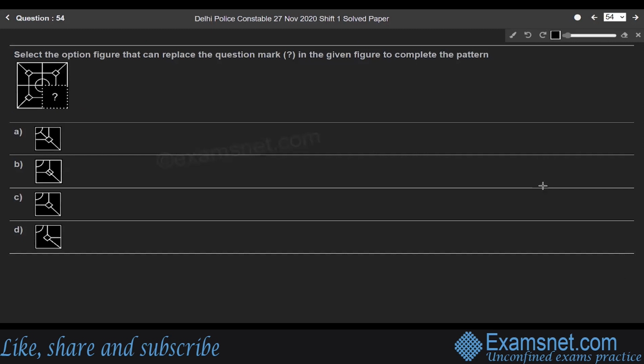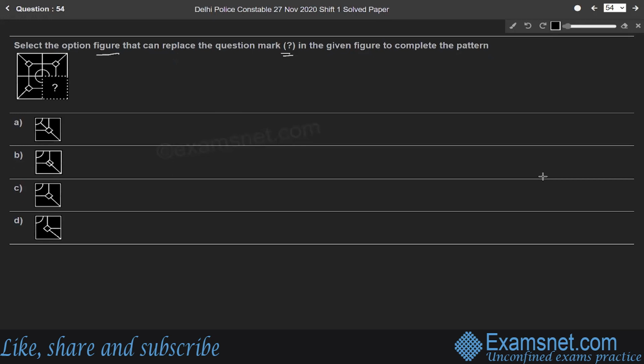Question 54. Select the option figure that can replace the question mark in the given figure to complete the pattern. So the given figure is like this. Come to option C here.